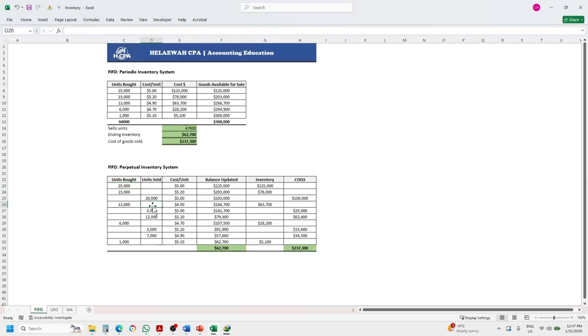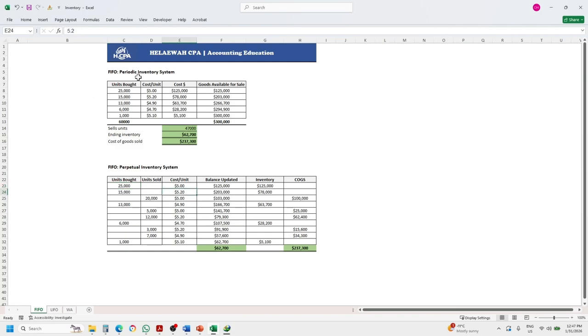We continue to the next time. We buy 13,000, we sell 5,000, and again we take it from the first batch at the top, then go down to the next units we bought, and we take the amount from it and the cost to reach the cost of goods sold.